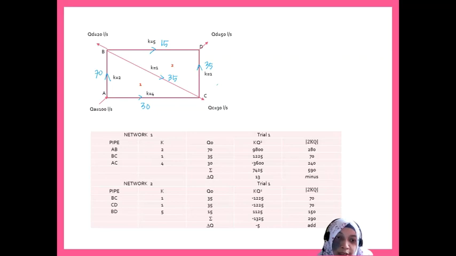In network 1, we can see 70 has clockwise direction, and 35 has clockwise direction, and 30 has opposite direction. So you write negative 3600.